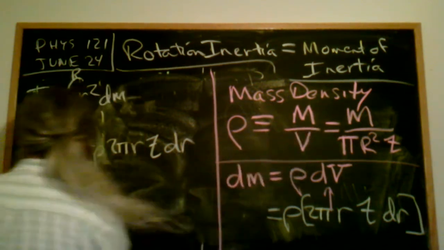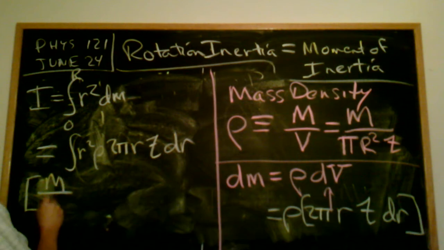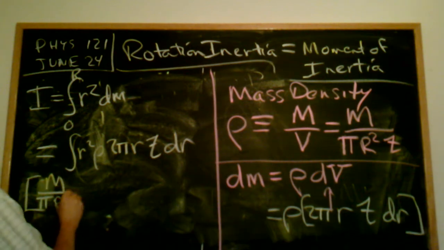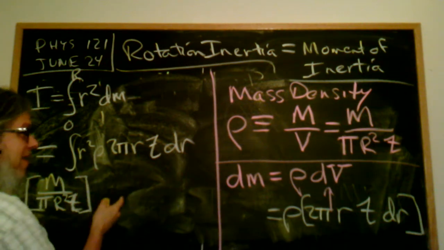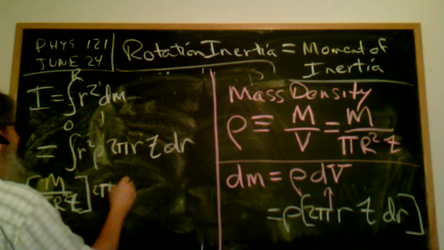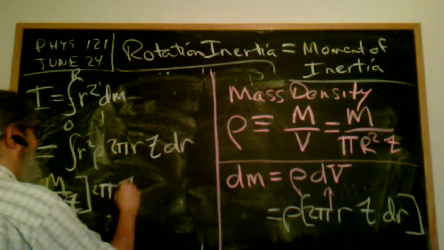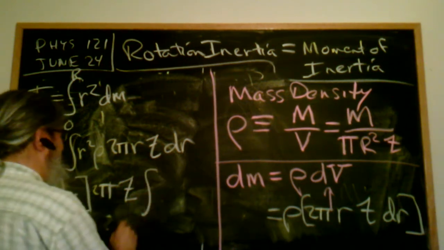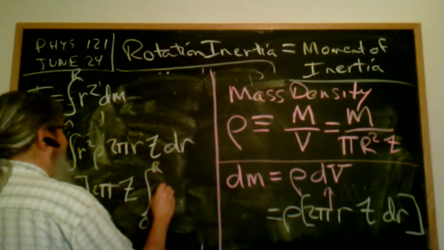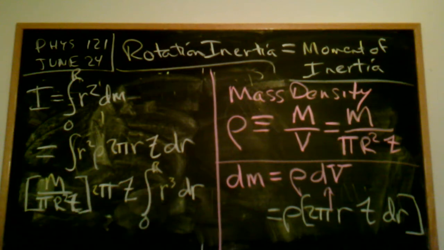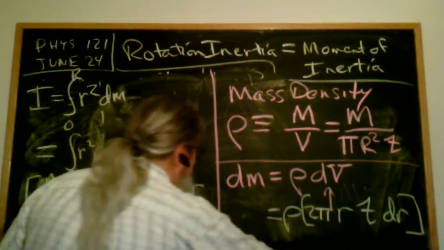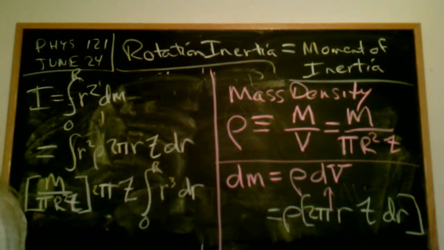I'm going to take that expression, rho, which is m over pi r squared t for the thickness, and I'm going to bring outside a 2 pi, because that comes out, and another thickness, and then I'm going to do the integral, which is going to go from 0 to R of r to the third dr. Okay, so that's an integral we can do, and we notice some things right off the bat.